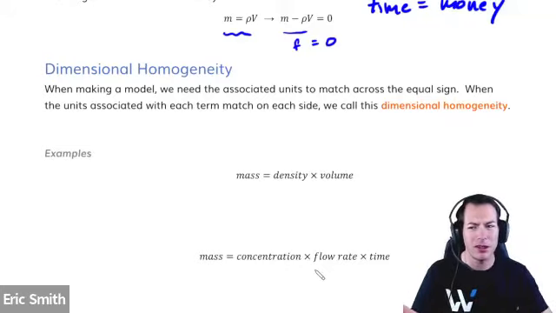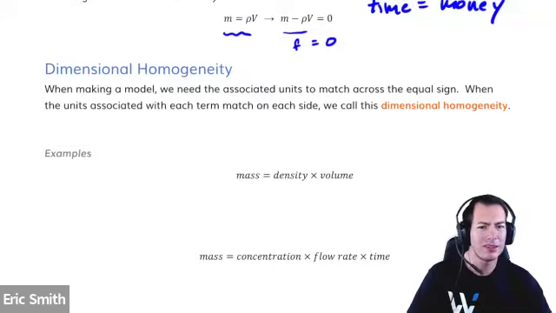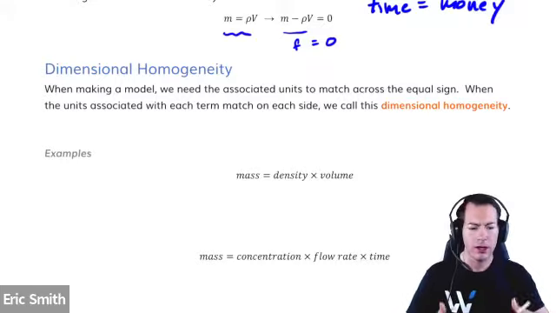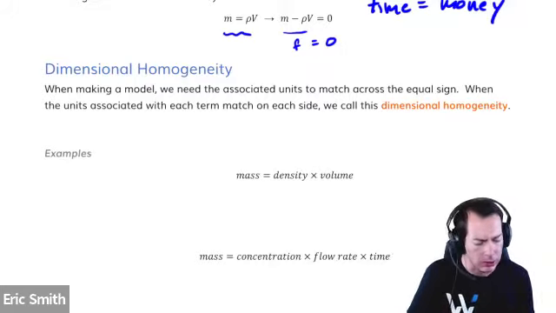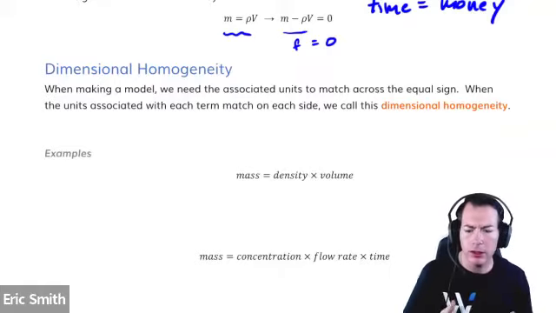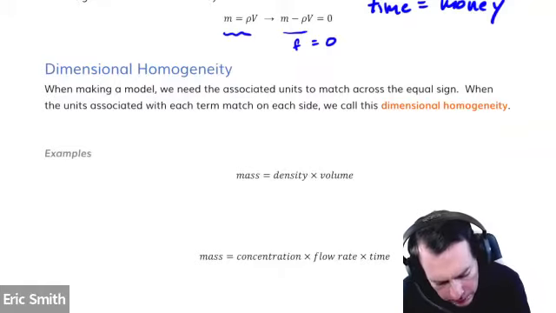Let's look at some quick examples to see what this is even talking about. So here I have just a couple of examples. This one is dealing with mass, which is equal to density times volume. And we might be interested in figuring out what units we would need in here to make sure that this is dimensionally homogeneous. So we might look at the units for each of these things. I know that mass is measured in kilograms.